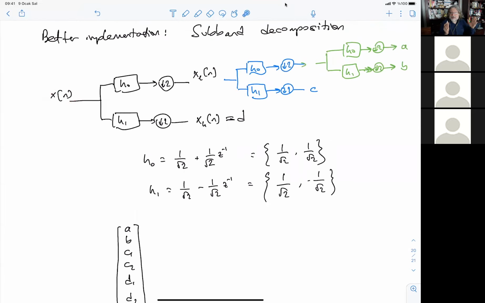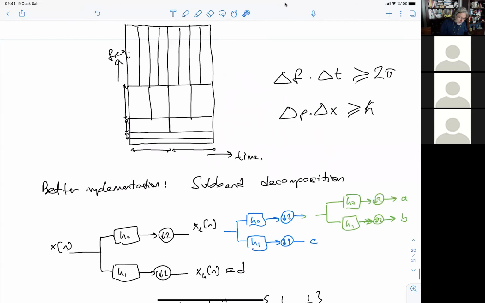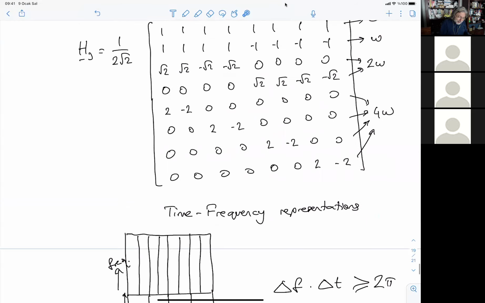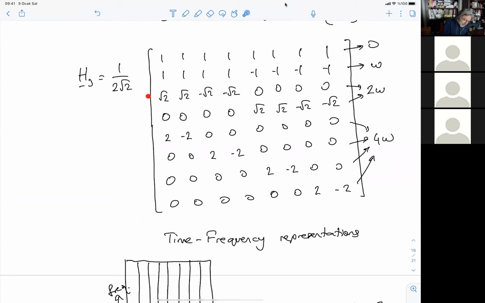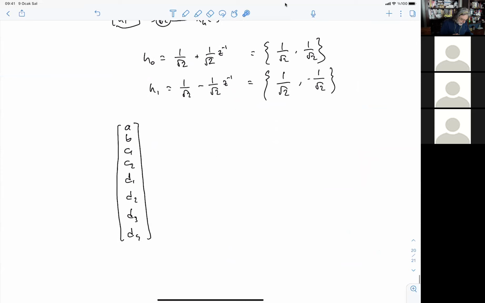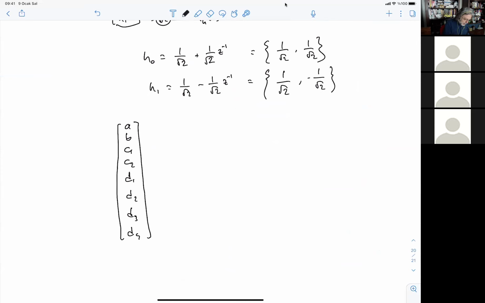If you say that those 8 periodic input samples are x1, x2, x3, x4, x5, x6, x7, and x8, and then you apply that input to this matrix, let's say that is H3 matrix, then you will obtain this output.